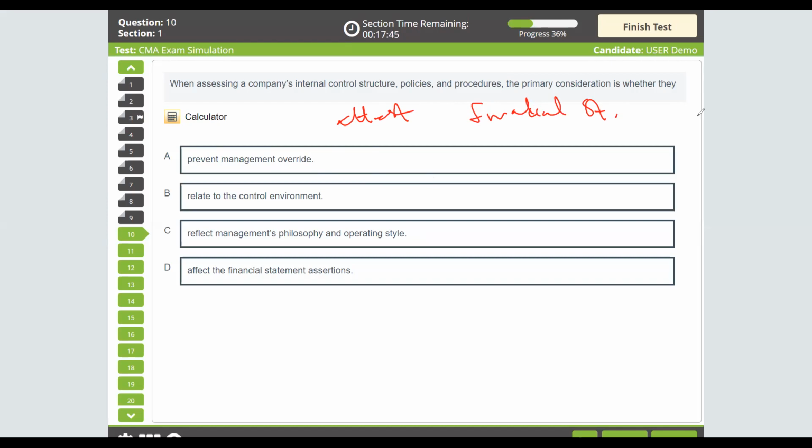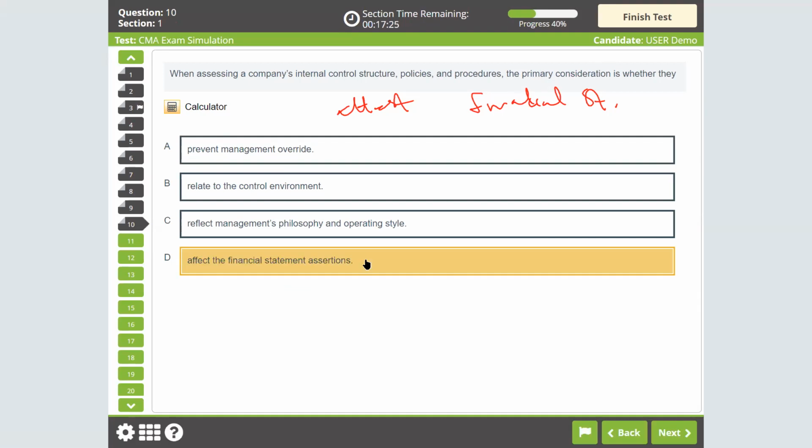So once I know this is the purpose of internal control, I'll go ahead and just look at the answer choice that is in line with what the primary purpose is. And as we can see here, affect the financial statement assertion is the correct answer. So I'm going to answer that D and move on so I can save time.